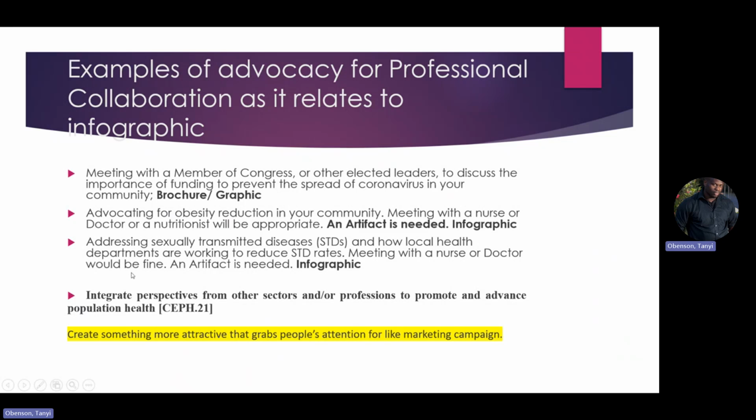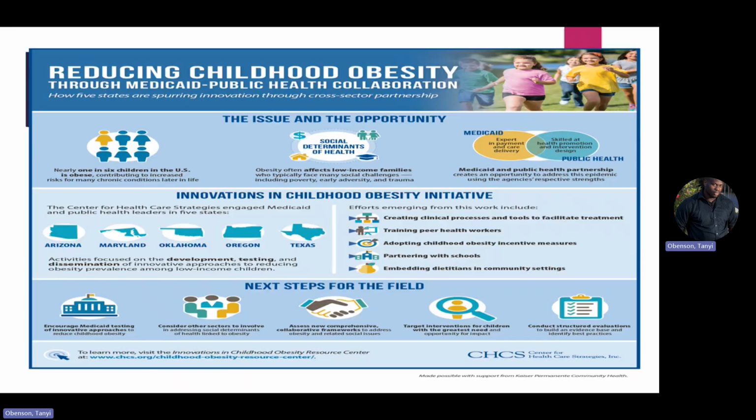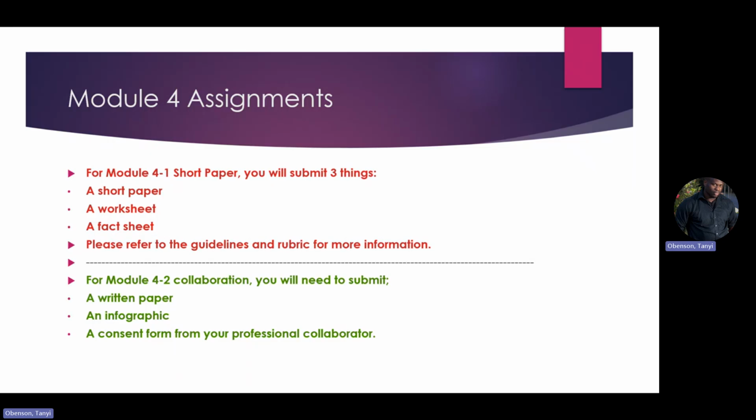I also placed examples of what your infographic should look like in the classroom, but I also have one here, and this is an example, reducing childhood obesity. If you have any questions, reach out to me. Remember, there's 4.1 and there's 4.2, and there's various assignments that you need to complete for 4.1.